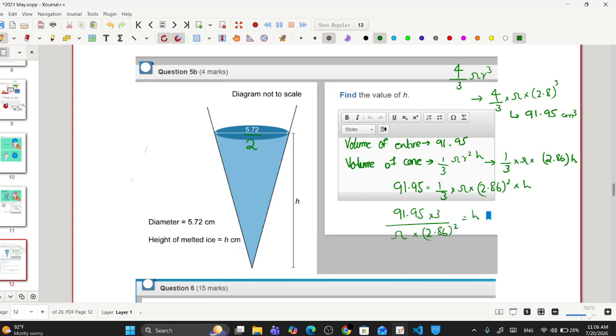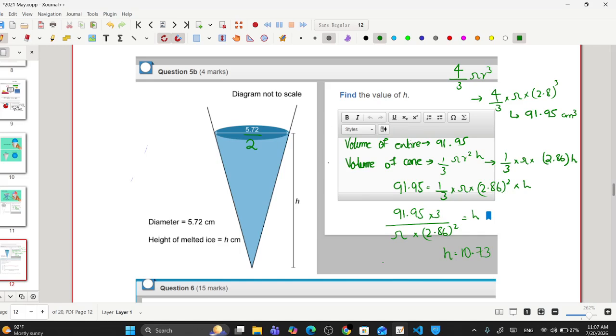So if we were to solve this question, in order to find the value of height, I am getting an answer of h equals 10.73. Now let me explain it in more detail.